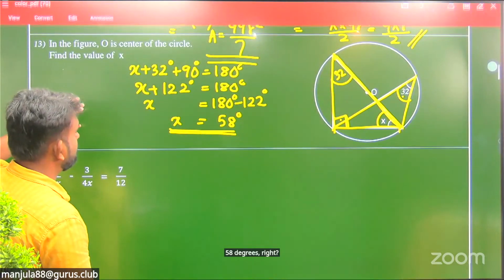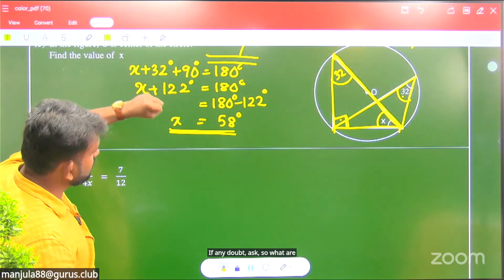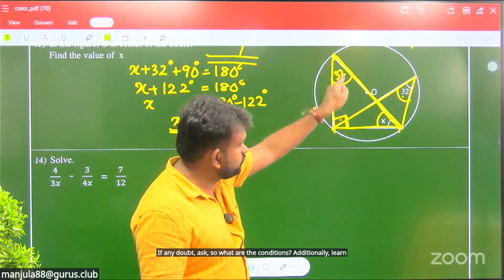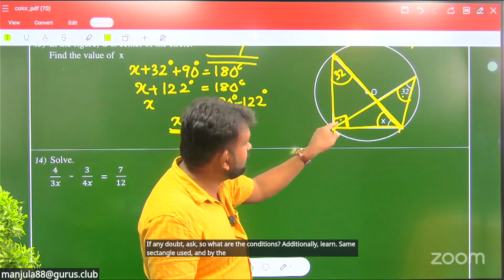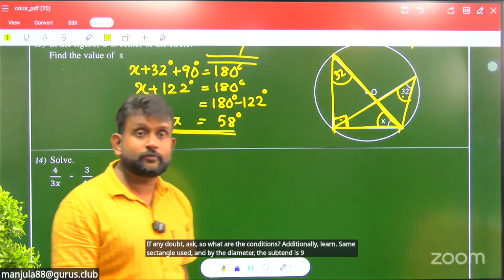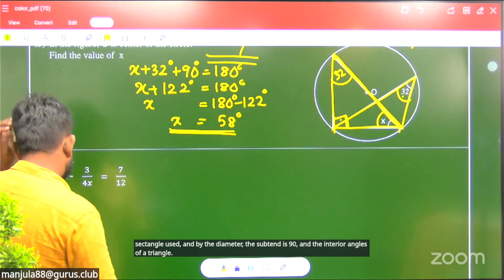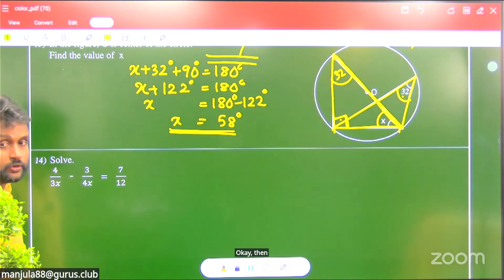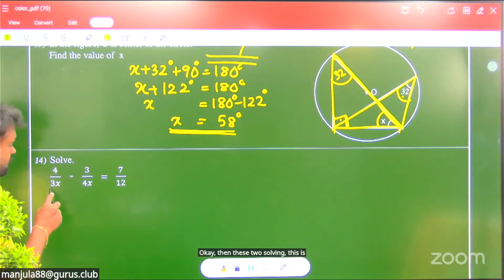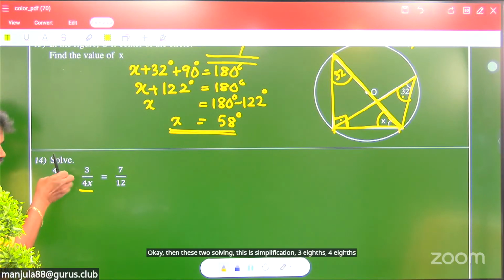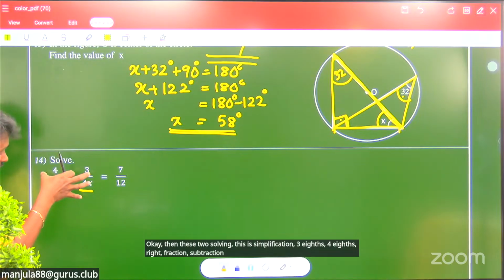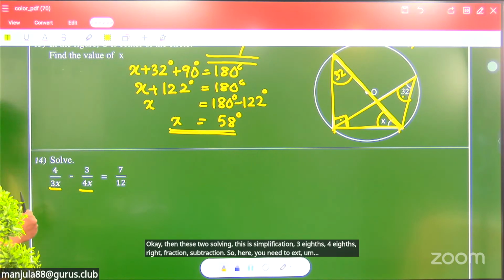If any doubt, ask. So what are the conditions? Additionally, learn the same segment angles, the angle subtended by the diameter is 90, and the interior angles of a triangle. Okay, then these two, solving. This is a simple equation, 3x, 4x, right? It is a subtraction of algebraic fractions.